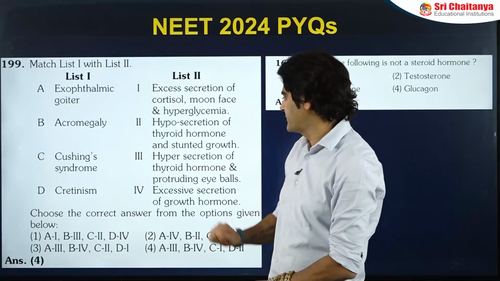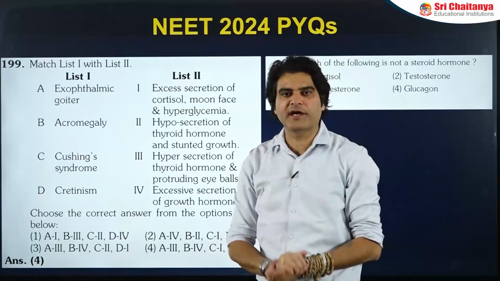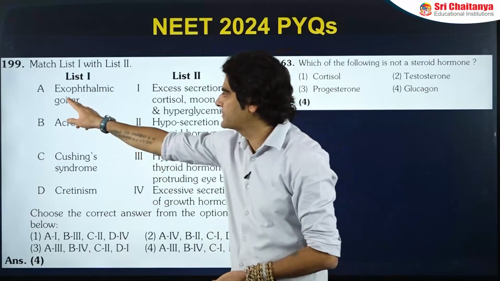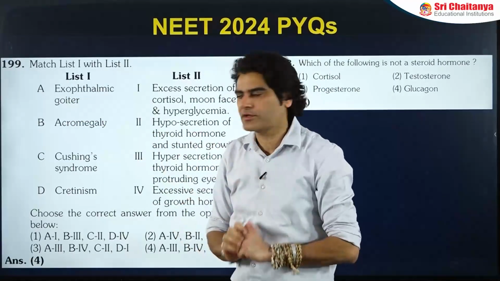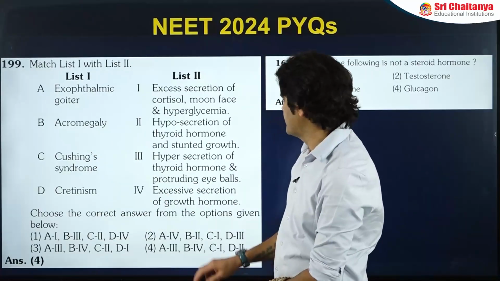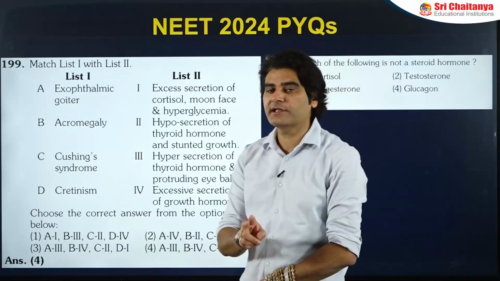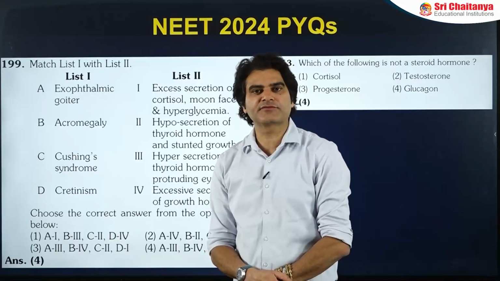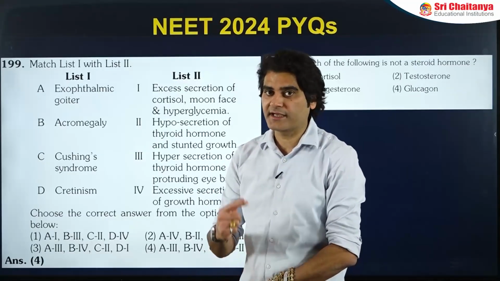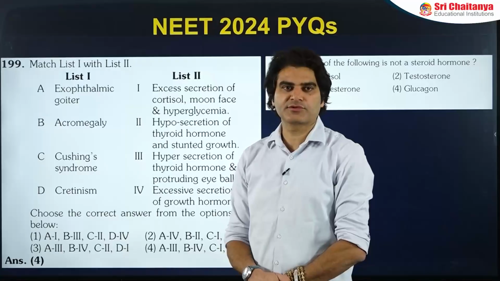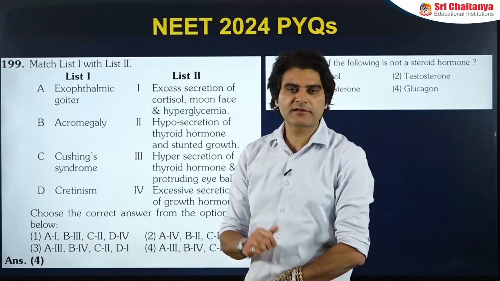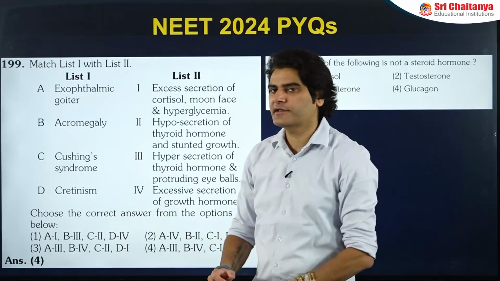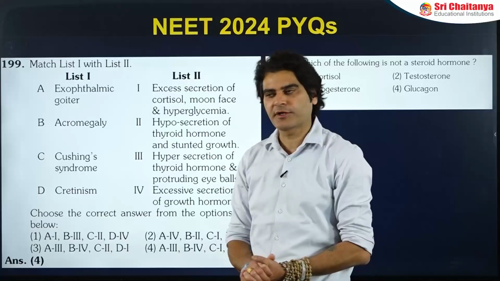Exophthalmic goiter, hypersecretion of thyroid gland with protrusion of eyeballs. That is why it is called exophthalmos, the protruded out eyeball. Acromegaly will be excessive secretion of growth hormone only in the adult stages. If there is growth hormone excessive secretion from childhood, that causes gigantism, but if there is excessive growth hormone secretion from adult stages, that causes acromegaly, disproportionate growth of the body parts.